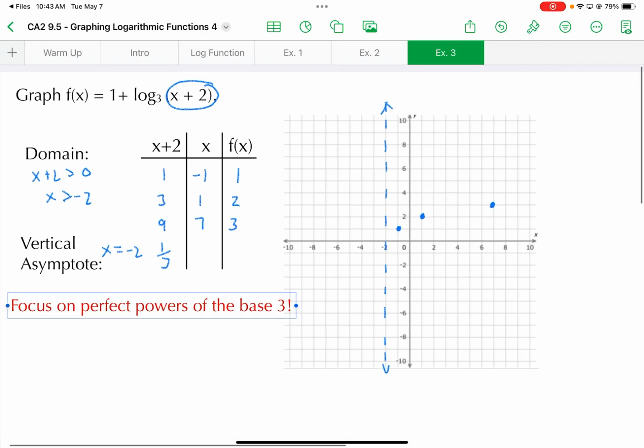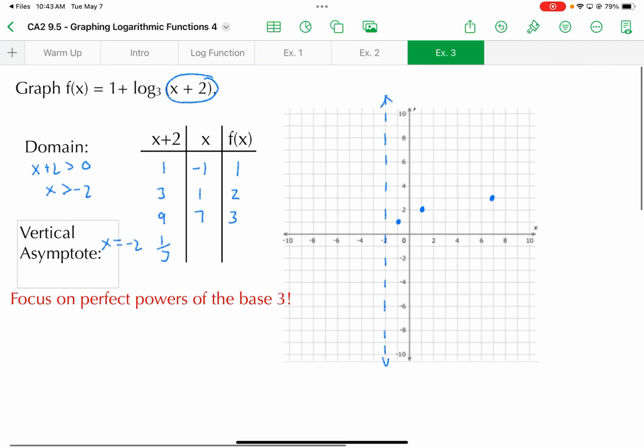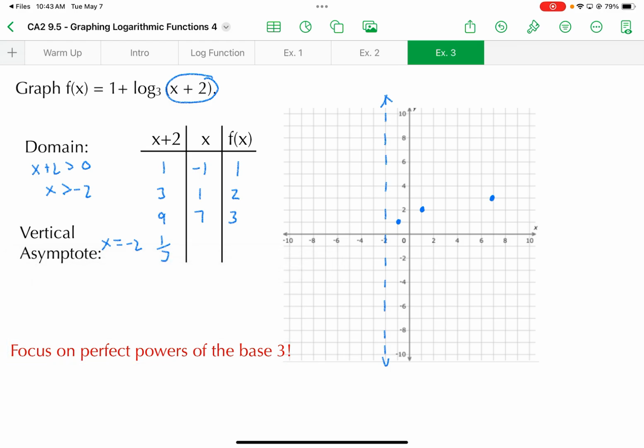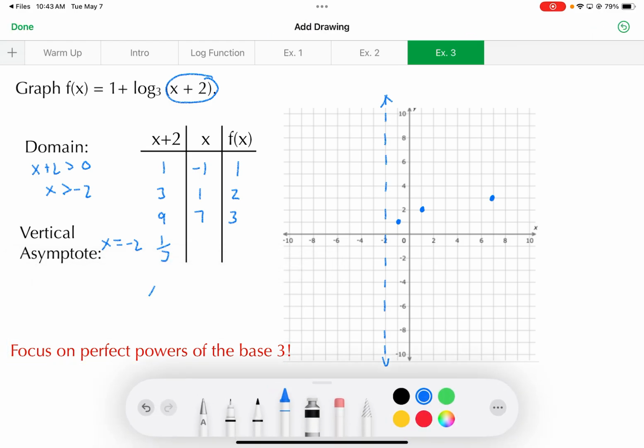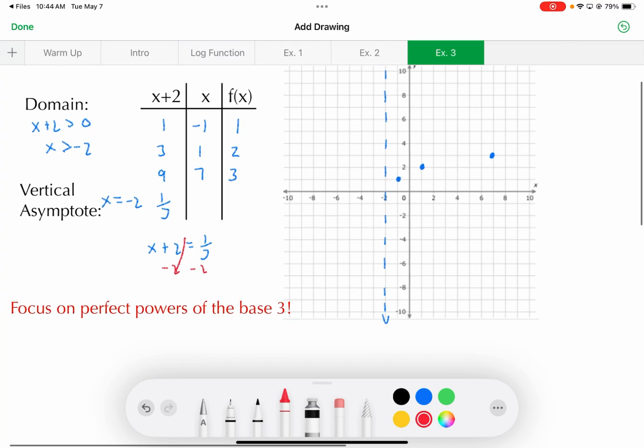All right, let's show some work for the last one here. What number plus 2 results in 1/3? Well, solve that equation by subtracting 2 over. You would need a common denominator. 1/3 minus 2 would be the same as 1/3 minus 6/3, which would give you -5/3.